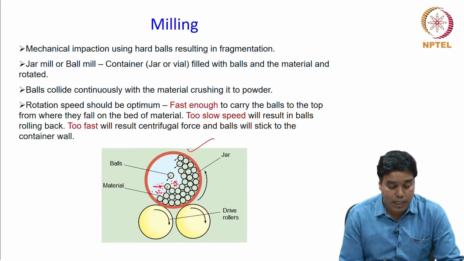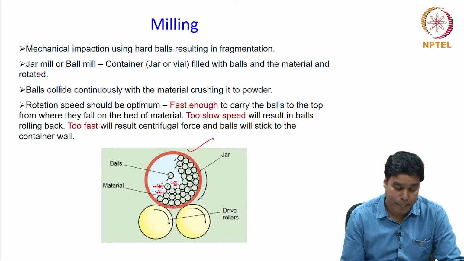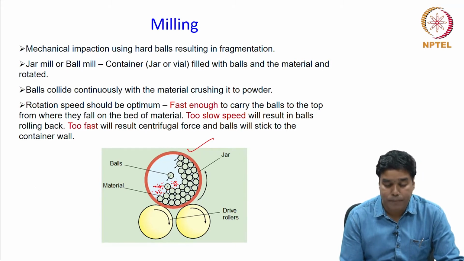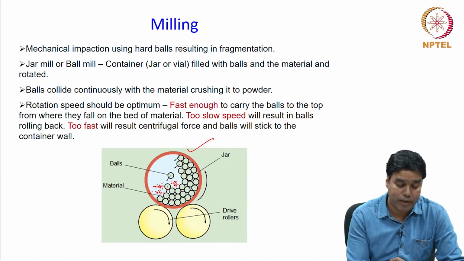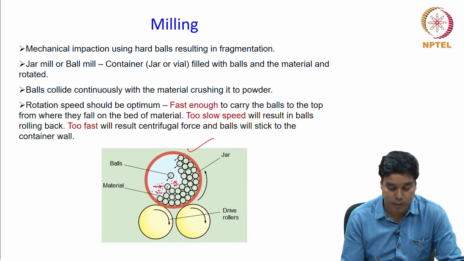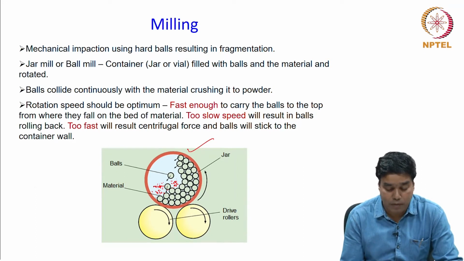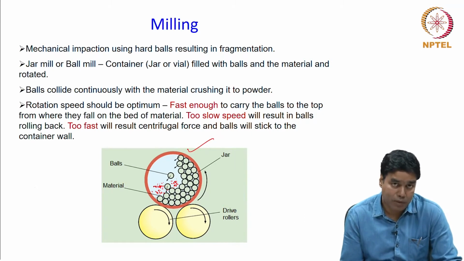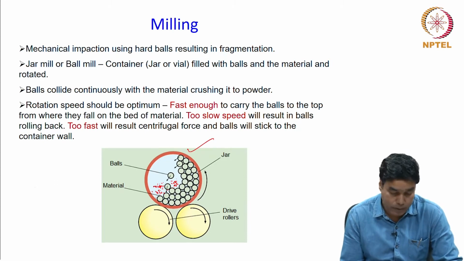So, one thing that you need to make sure here is that the rotation speed which is used should be optimum, right, because if the speed is not fast enough to carry the balls to the top from where they fall onto the bed of material, then the whole purpose of the balls going up and then falling down on the material will not be served, okay, if it is too slow, right.